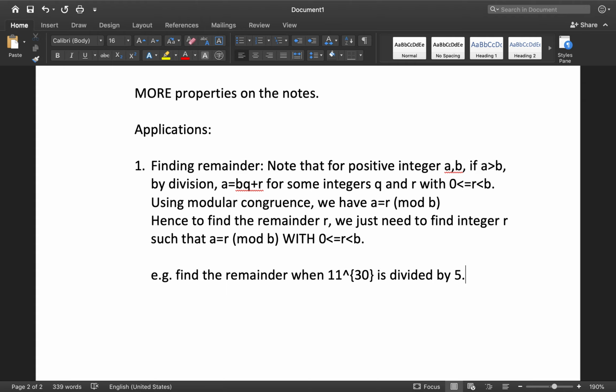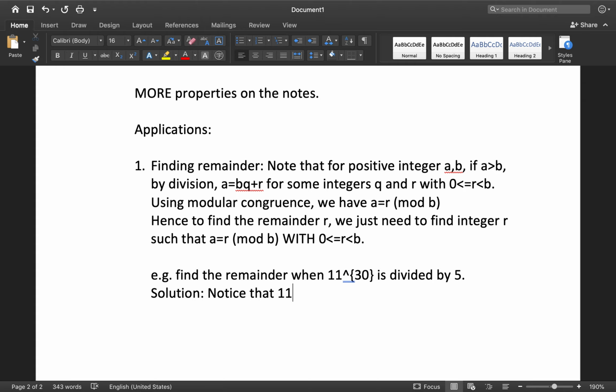It doesn't work, so you have to use the new method. The key for the problem is to reduce the value of 11 to the power 30 by taking congruence.